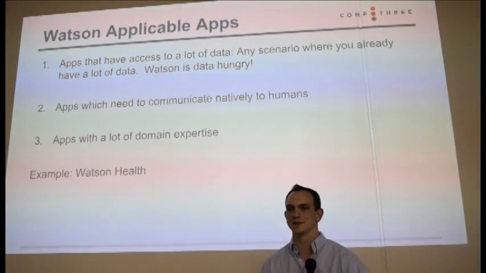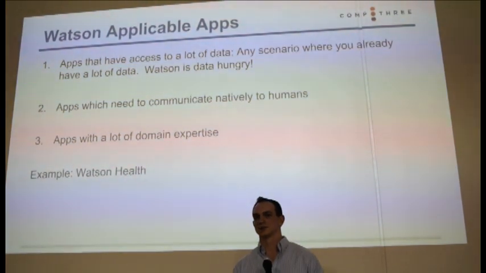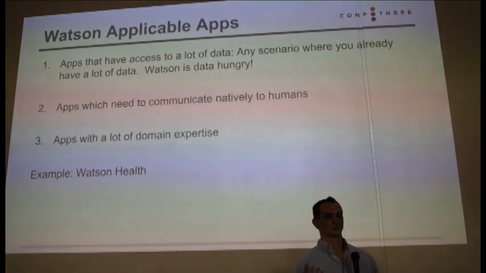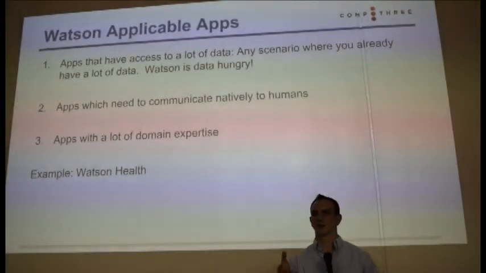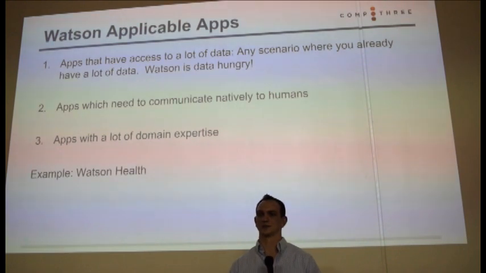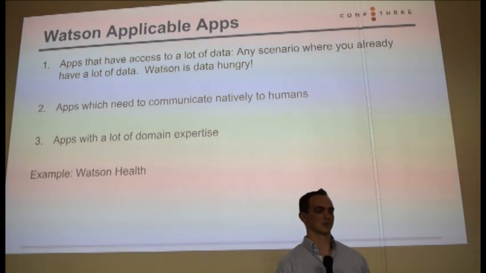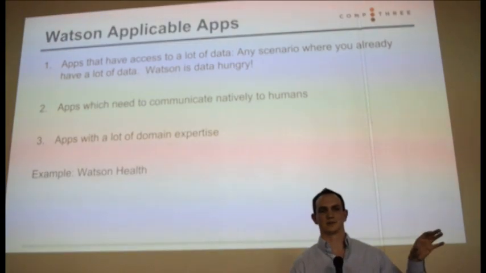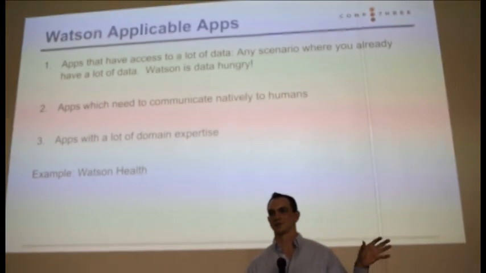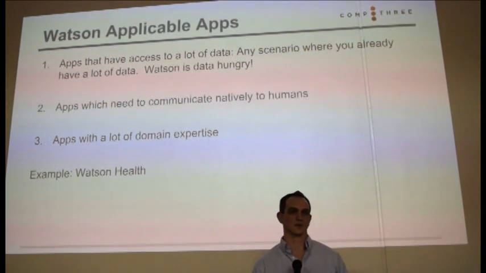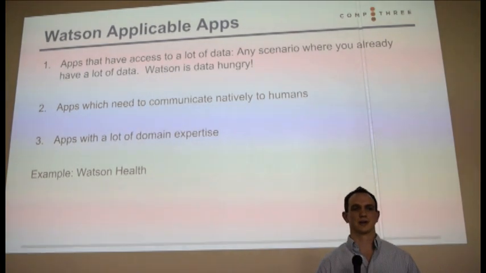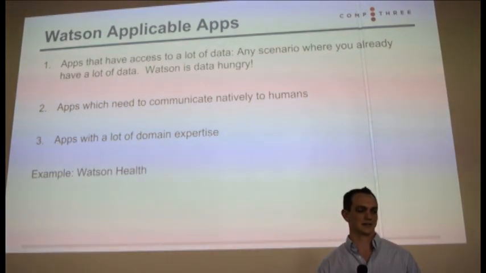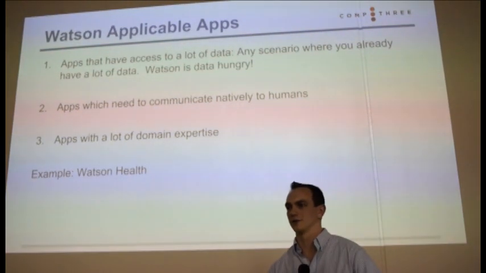And then lastly, anything with a lot of domain expertise. So if we look at health, or law, or something that has a lot of jargon associated with it, the way that Watson works and the indexing and the machine learning methods that it uses does really well on those types of problem sets. So anything with a large domain that's fairly vast, that's another good option for a Watson application.